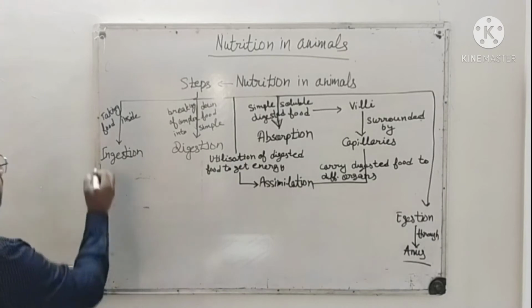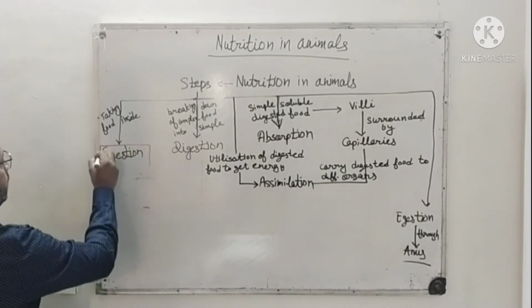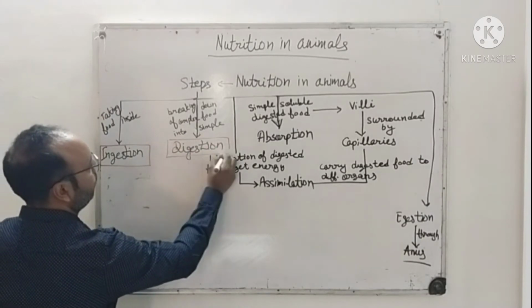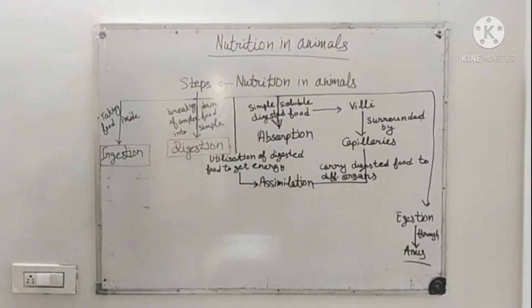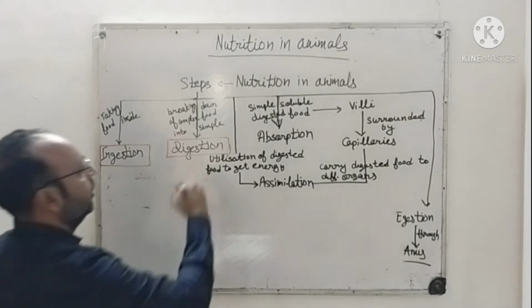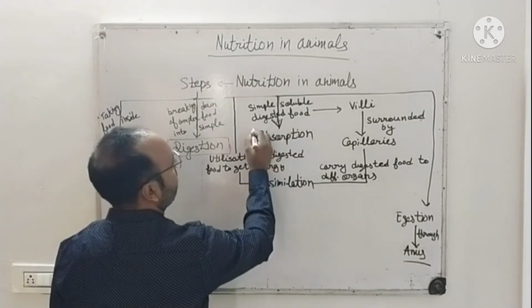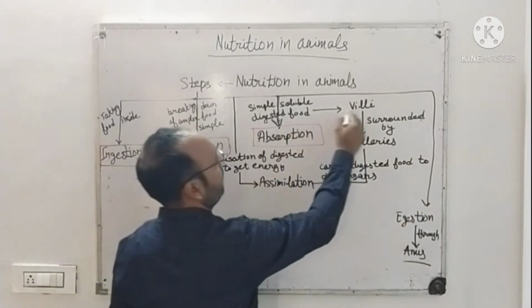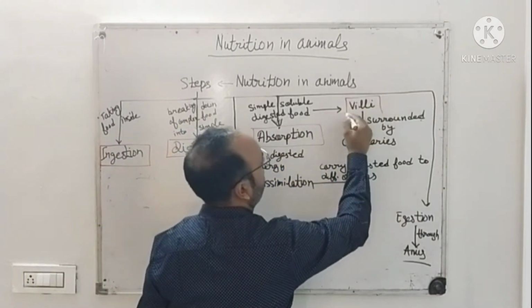So I am repeating once again. First of all, ingestion, the intake of food. Then the complex food is broken down into simpler one, that is digestion. Then the simple soluble digested food is absorbed with the help of villi, right?